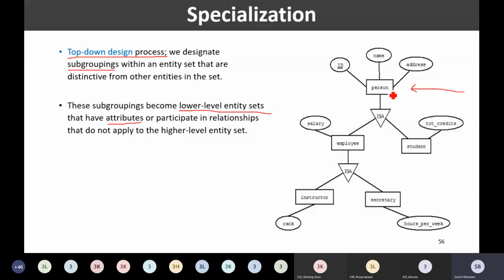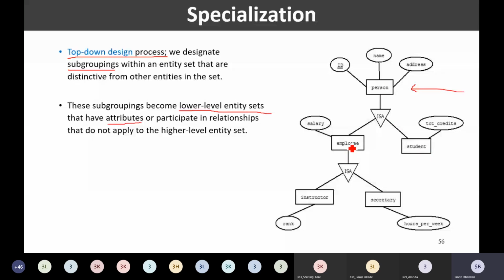Okay, but now I may categorize those persons, I may group those persons depending on some typical, specific characteristics. So for these persons, I may have the lower level entity sets like employee and student.